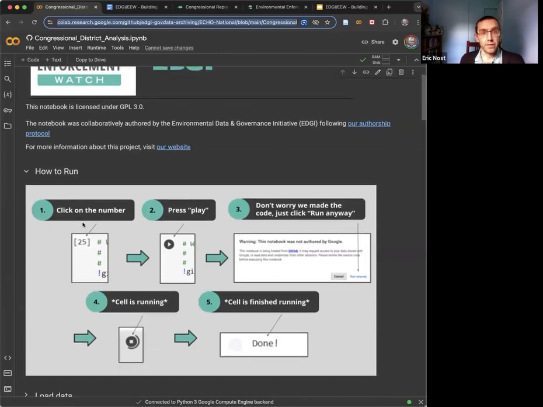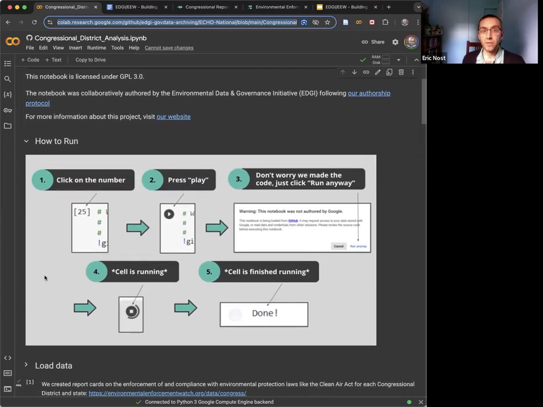So you can run a copy yourself if you pull up this link and you're logged into a Google account. A Jupyter notebook intersperses cells of text, like this one here, describing how the notebook is licensed and how it was authored, with cells of code, which we'll see in just a second, as well as cells that include charts, maps, and other forms of output from the code and the analysis.